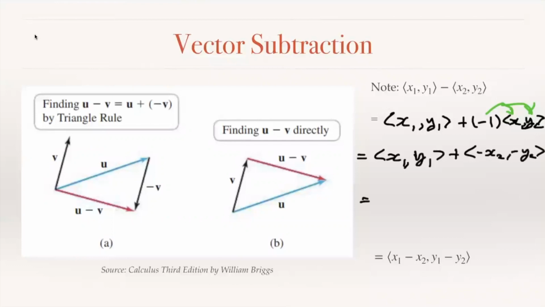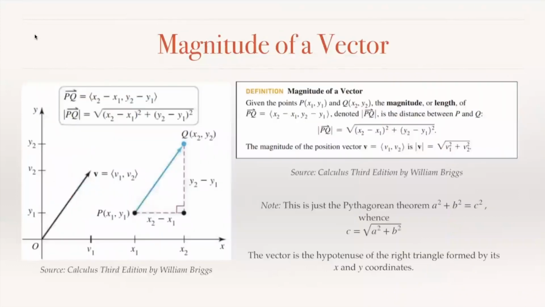And that's the same as this: x1 plus negative x2 is x1 minus x2, and y1 plus negative y2 is y1 minus y2. So that's the formal definition, from vector addition and scalar multiplication, of why vector subtraction is just subtracting the corresponding coordinates.